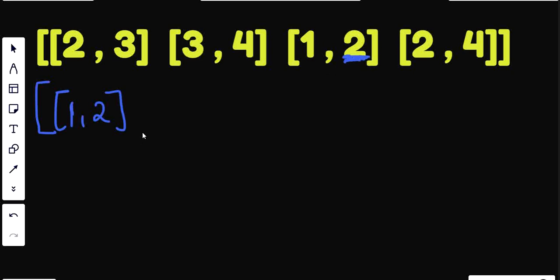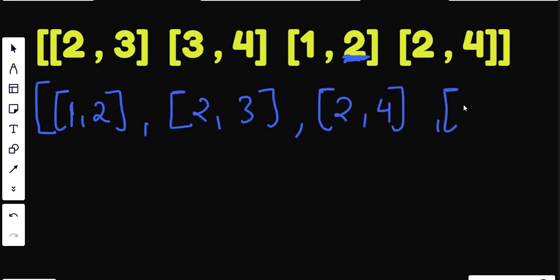According to that, the first value will be 1, 2, the second will be 2, 3, then 2, 4 and 3, 4. When the ending is the same in two values, like 2, 4 and 3, 4, we check the first value, and 2 is less than 3. That's why 2, 4 comes first and 3, 4 comes after that.